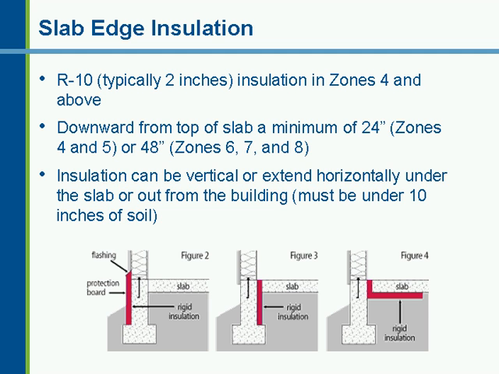The total length requirement, which is 24 inches in zones 4 and 5, 48 inches above that. You can achieve that total distance either in a depth straight downward or in a horizontal direction. It can extend underneath the slab, or it can extend outward from the slab, which we don't have pictured, as long as it's appropriately protected with enough soil.